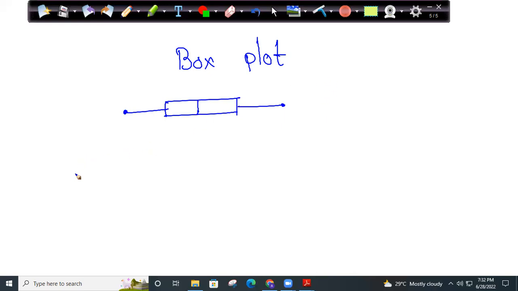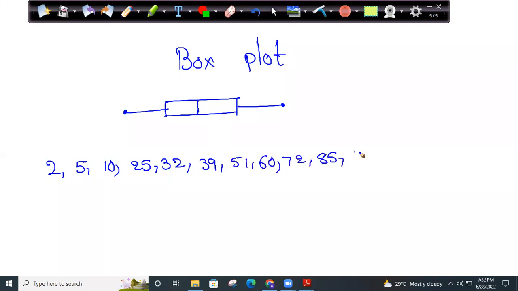Suppose I have data: 2, 5, 10, 25, 32, 39, 51, 60, 72, 85, 93, 100, 121, 150. Assume I wrote this on the whiteboard. So if this is my data, see how I am going to represent this in terms of the box plot.